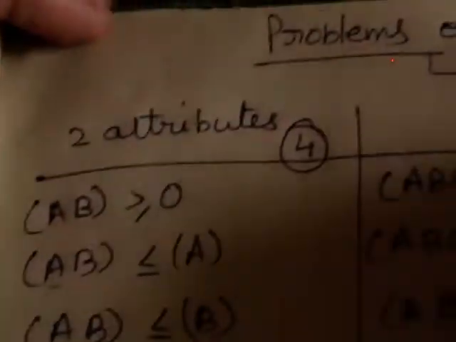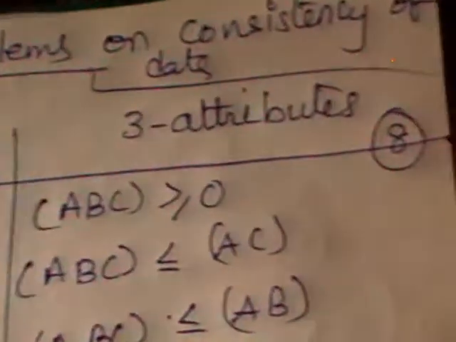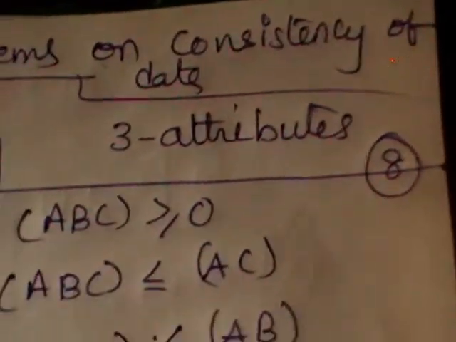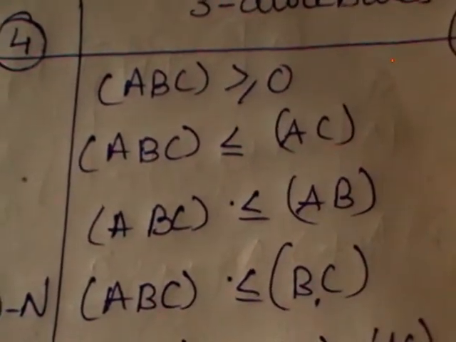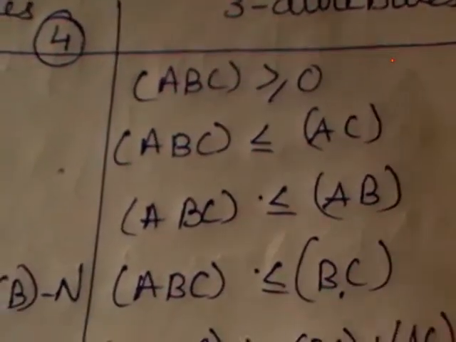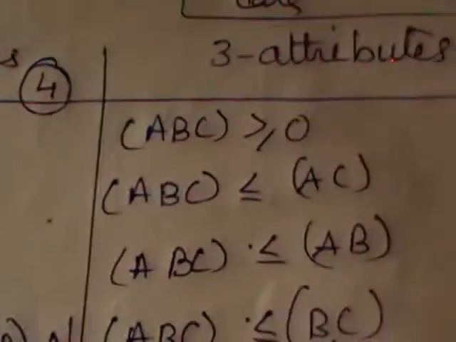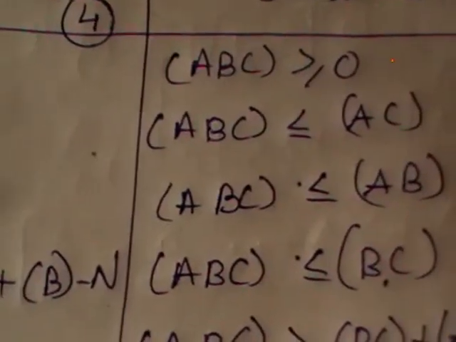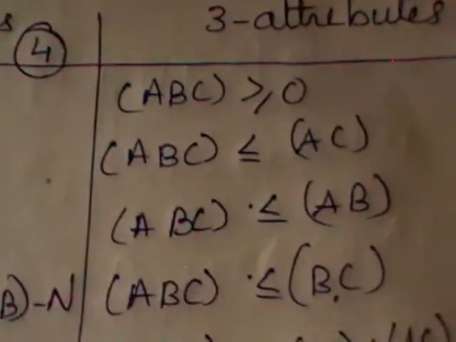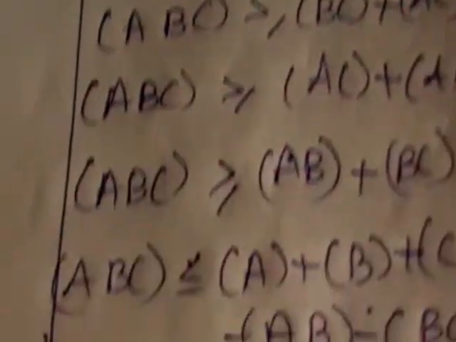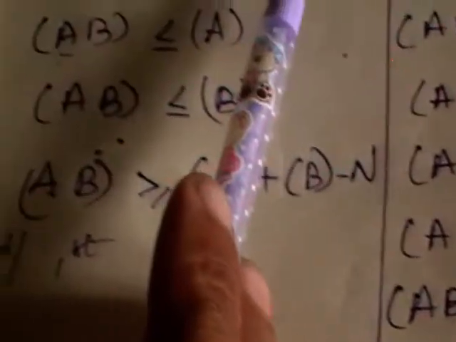When there are two attributes, you are going to get 4 conditions. When you have 3 attributes, you are going to get 8 conditions. While doing derivation, you can do it straightaway with no doubt. But whenever you have a problem, you cannot derive all of those. How to remember these conditions: when there are two attributes, you get 4 conditions.